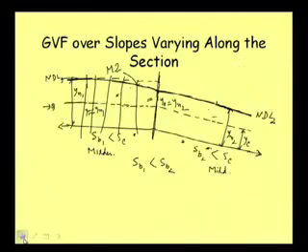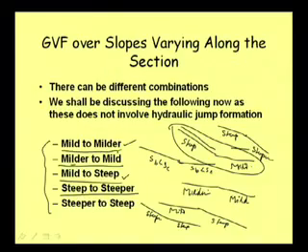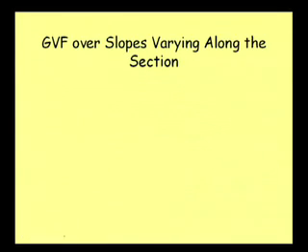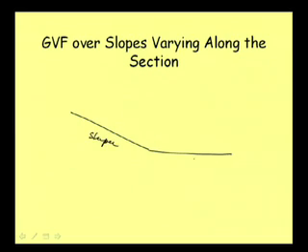Well, we are left with another case that I intend to discuss, that is steeper to steep. Okay. Let us take a steep slope first, and then it is becoming steeper, then it is becoming steep. Okay.